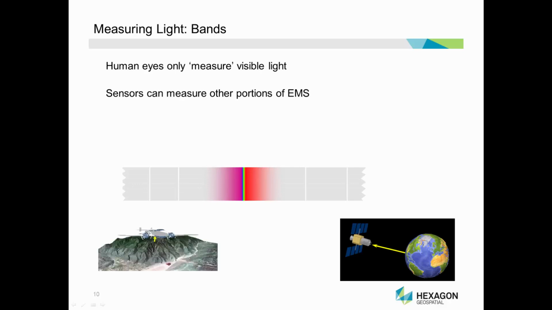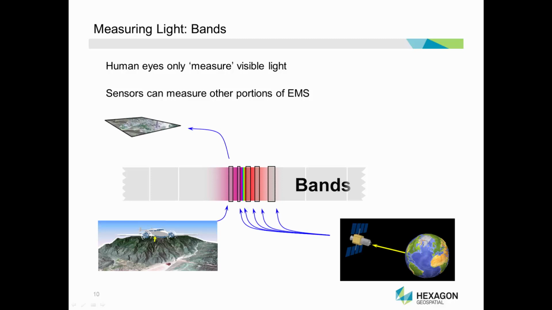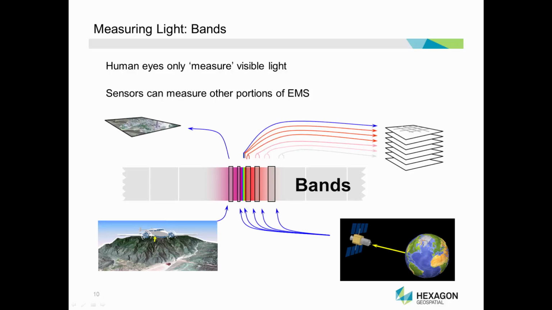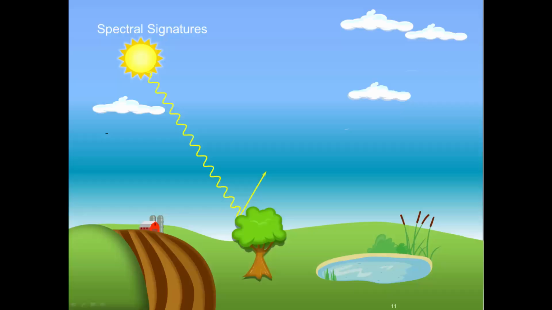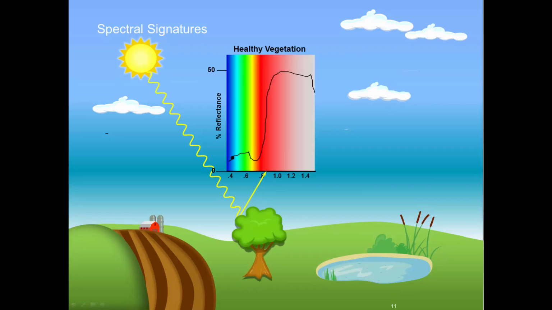Multispectral sensors have many bands that detect specific wavelengths. Doing this allows us to see outside the visible spectrum and gain even more information about the Earth and its features. Many objects have characteristic spectral signatures. For example, healthy vegetation has relatively low reflectance in the visible red and blue, with slightly higher reflectance in green.